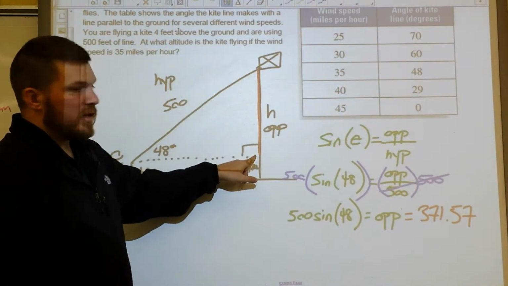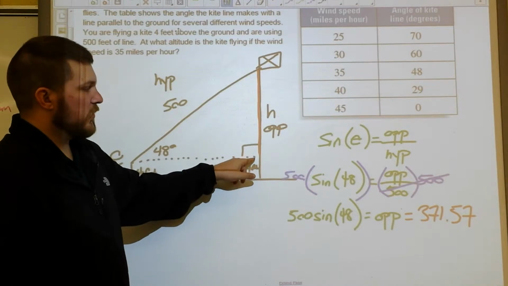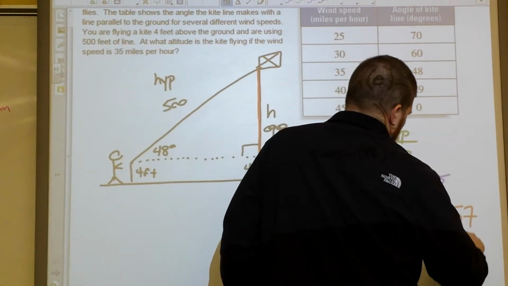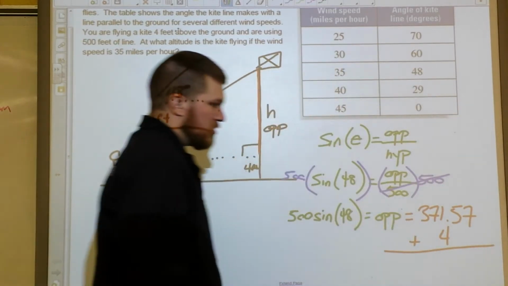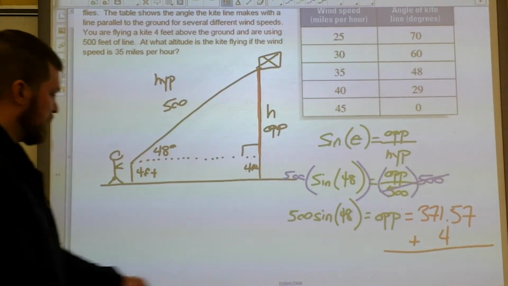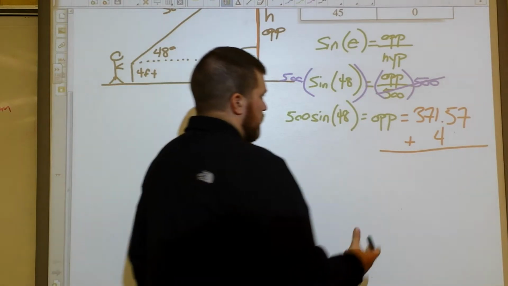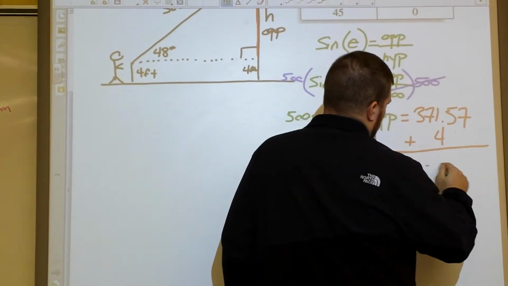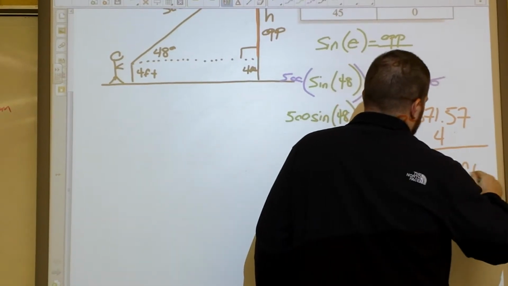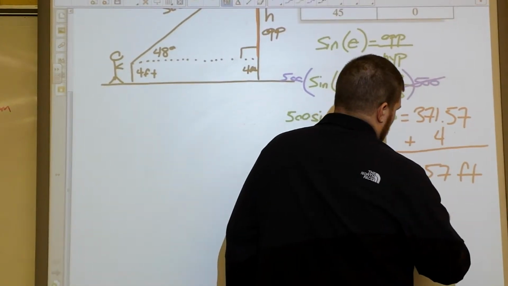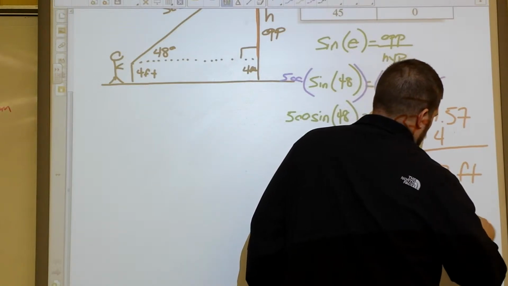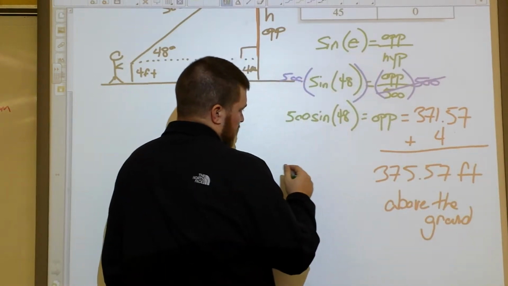But I know that I initially held the kite 4 feet off the ground, so I need to add 4 to this to get the total altitude of the kite, which is what the question was asking me to do. So my final answer is going to be about 375.57 feet above the ground. So the kite is, you always want to make complete sentences.